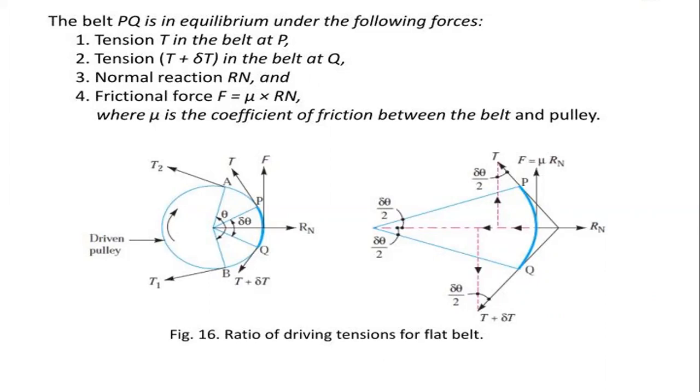First, tension T in the belt at P. Then the tension at Q also, which is T plus delta T. Then the third one is the normal reaction Rn, and then we have to calculate the frictional force.